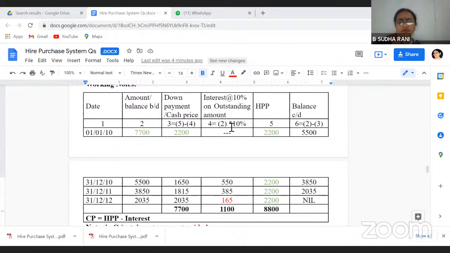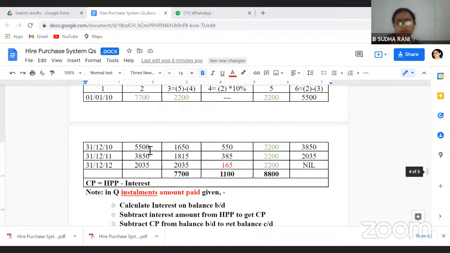And column 4 value you will get: column 2 value divided into rate of interest. Column 6 value, you will get column 2 minus column 5, or column 2 minus column 3. Okay?